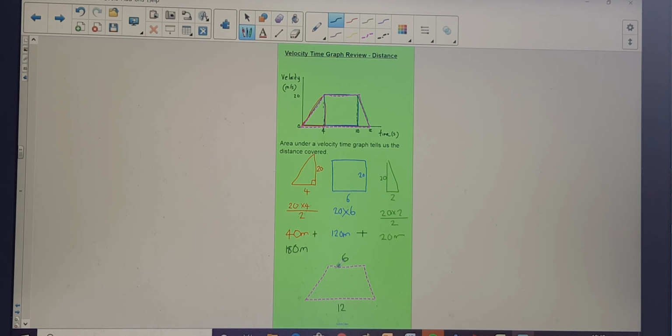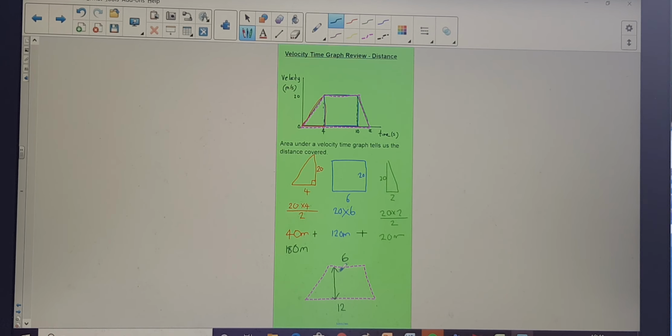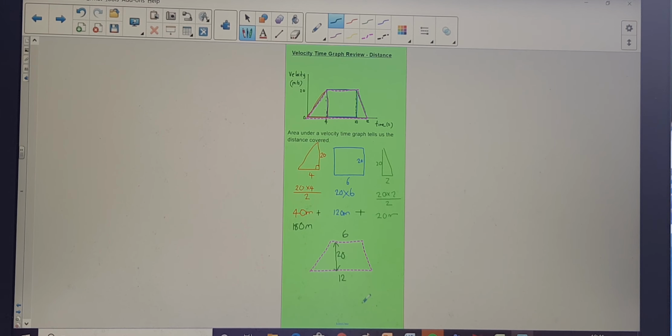And I know that the perpendicular height is 20. So let's just work those things out. Add together the parallel sides. Multiply it by the perpendicular height. And divide by 2. Lo and behold, it gives me exactly the same answer.